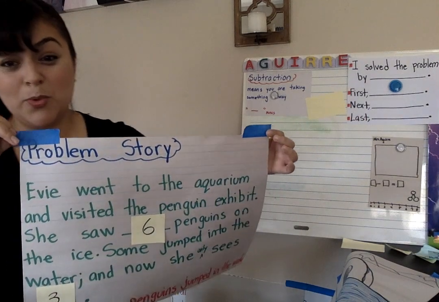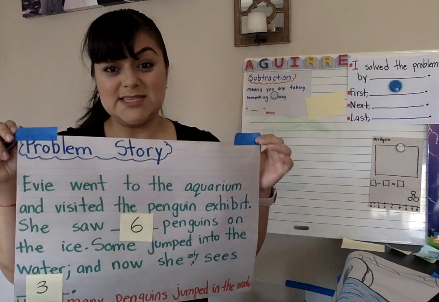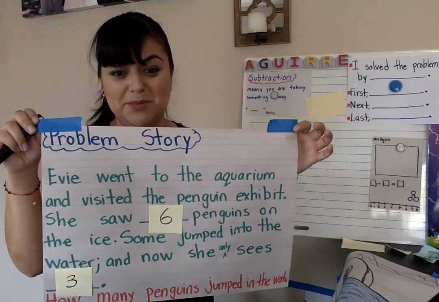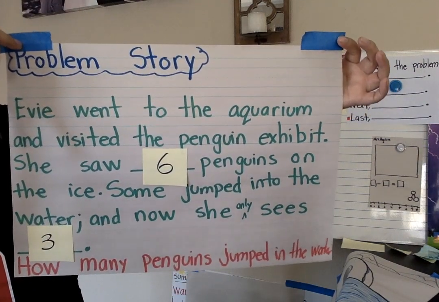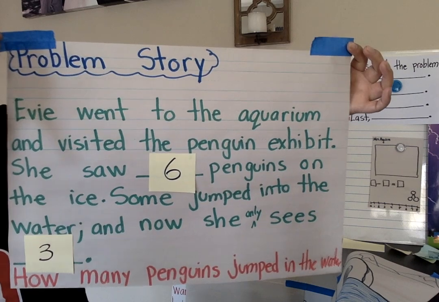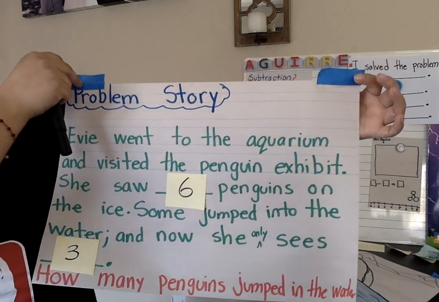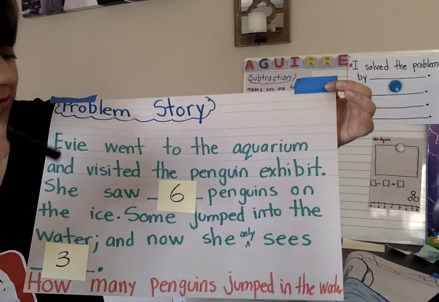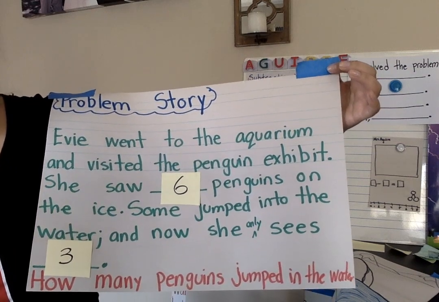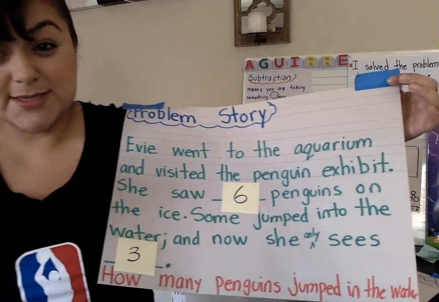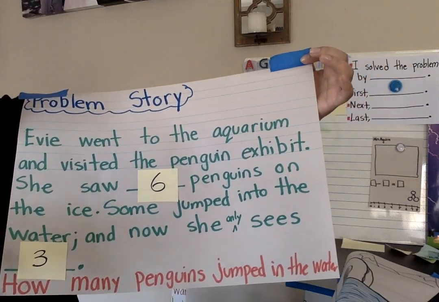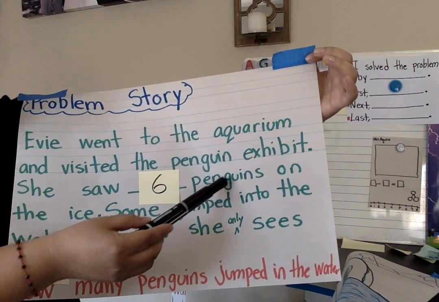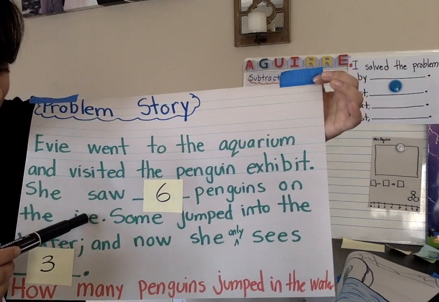Great. So we'll read it again and try to make sense of the word problem. So who went to the aquarium in our story? Evie. That's right. So Evie went to the aquarium. What did she see in the aquarium? 6 penguins on the ice.